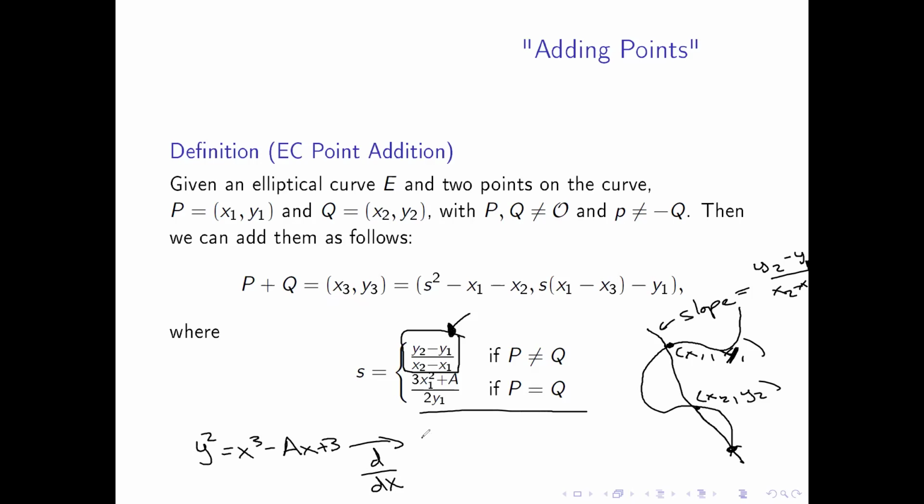Going back to your implicit differentiation, this is equal to 3x squared plus a. Do you see a trend here about those two values, about where we're going with this? Because we're taking the derivative, now all I have to do is divide by this, and I get my magic formula right there. So the truth is, this S is for slope.